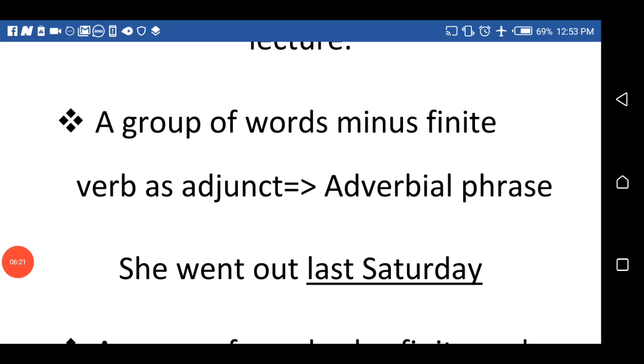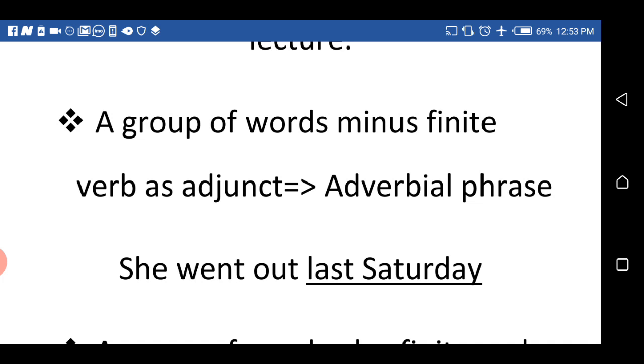A group of words minus a finite verb as adjunct equals adverbial phrase. When you have the sentence, She went out last Saturday, last Saturday is a group of words without a finite verb, and the underlined expression last Saturday is an adverbial phrase.